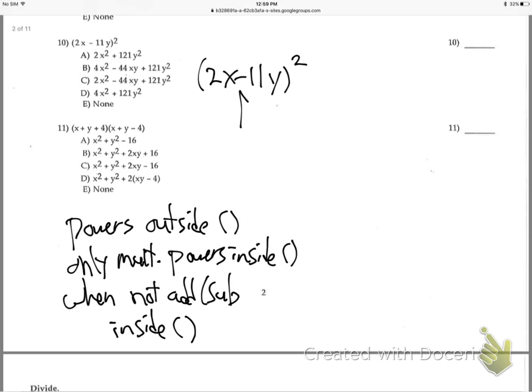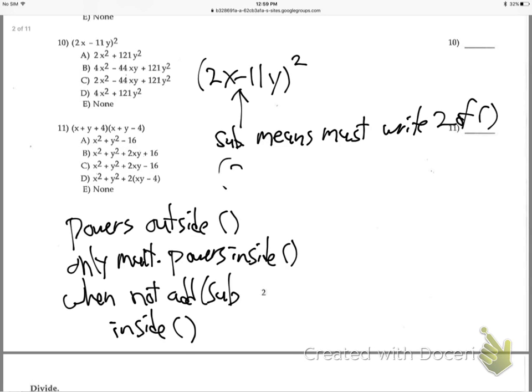When you have adding or subtracting, you must write 2 of the parentheses, right? You must write 2x minus 11y, 2x minus 11y, and like FOIL it out. You with me? See the difference on why you can't just take down the powers outside and just multiply powers inside? Everybody see that difference?